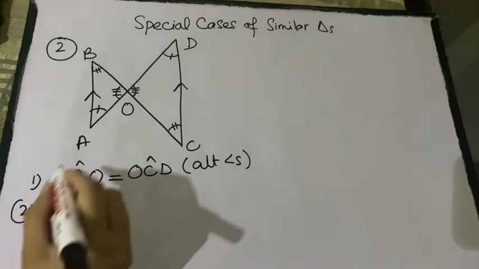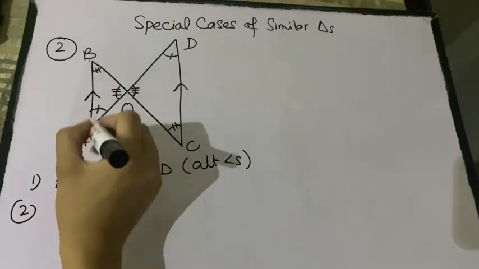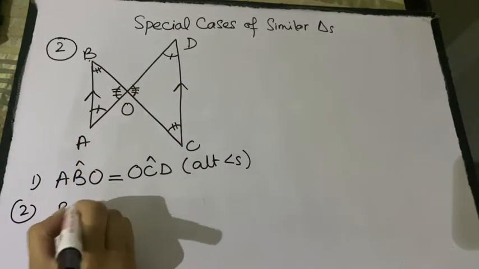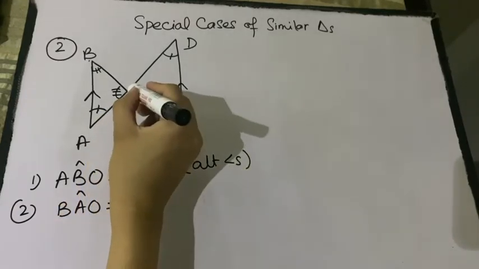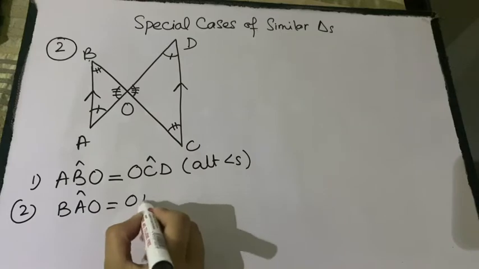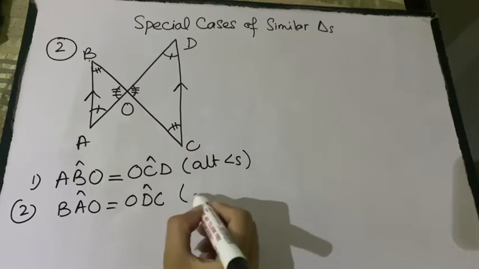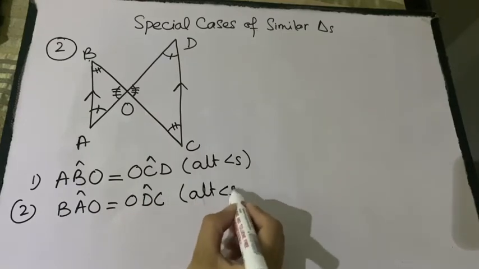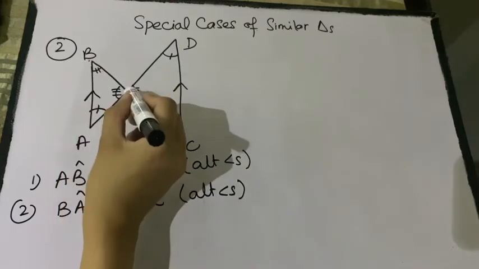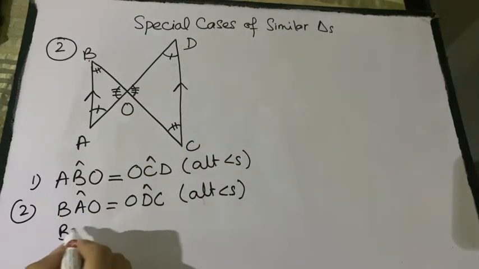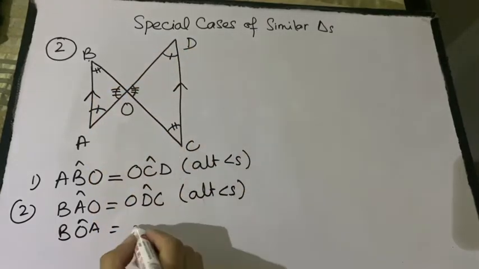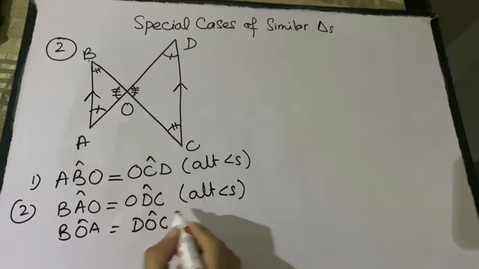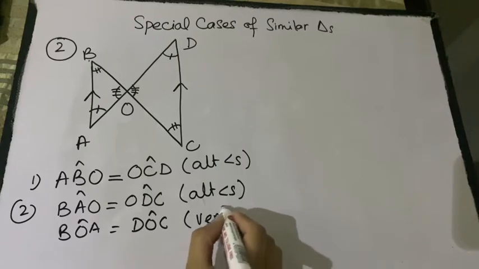Number two, angle BAO is equal to angle ODC. Why? With the same reason, alternate angles. Angle BOA is equal to angle DOC, vertically opposite angles.